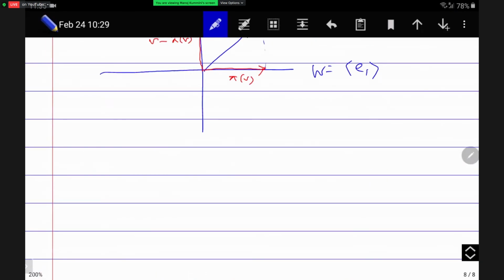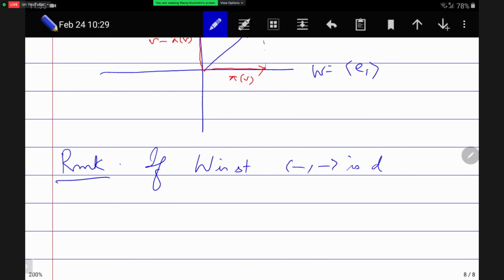So, a remark: if W is such that the form is degenerate on W, we may not have such a projection.